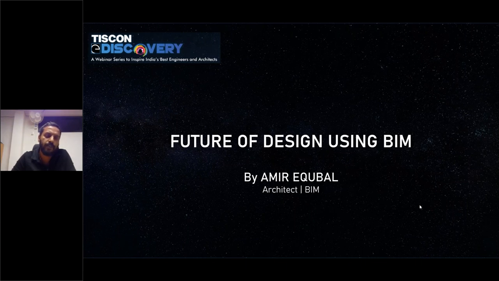Rather, I would like to focus on what exactly BIM is, what the current state of BIM is, and why it is not very popular and implemented, especially in India, and what its future is, and how it connects to other tech domains, very trending topics like artificial intelligence, machine learning, robotics, and the Internet of Things, IoT. So in the short time that we have, we'll try to touch upon these.